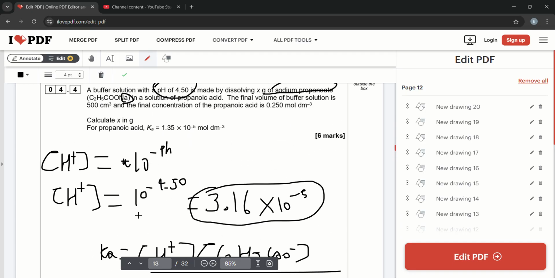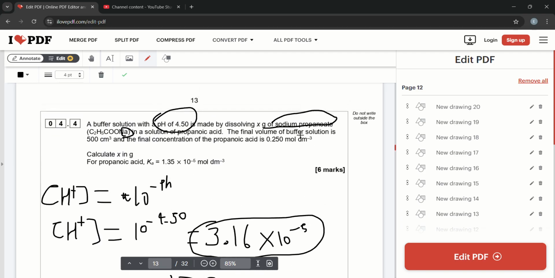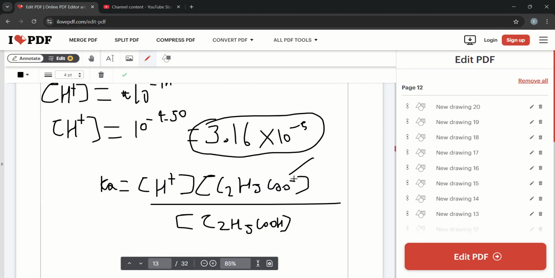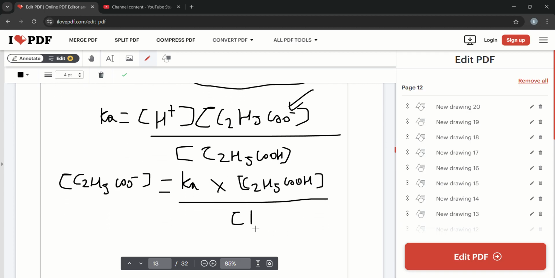So now we rearrange it. We're trying to find sodium propanoate, so we get C2H5COO minus is equal to Ka times C2H5COOH divided by H plus.